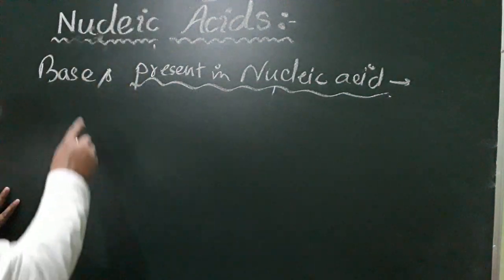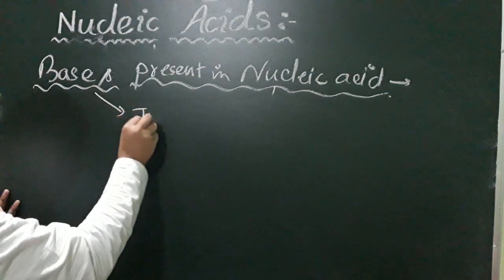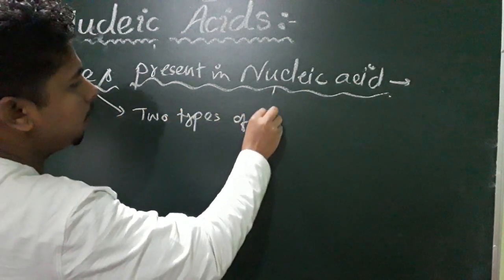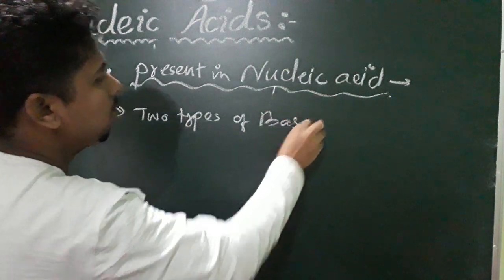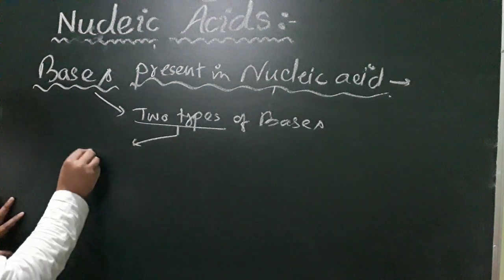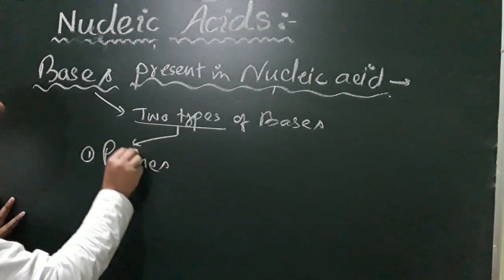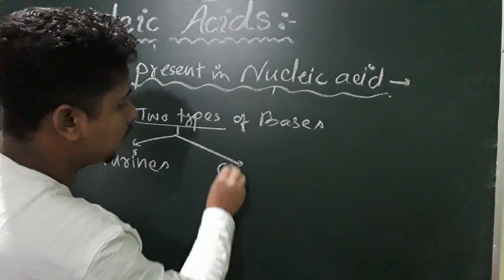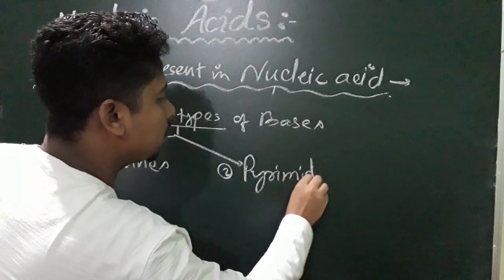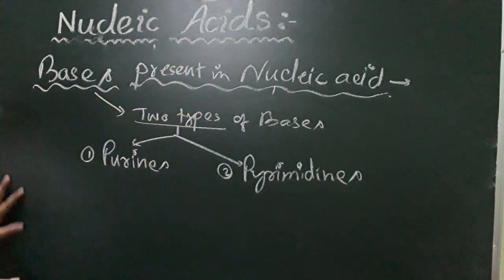So there are two types of bases that are found in this nucleic acid. Number one is purines, and number two is pyrimidines.